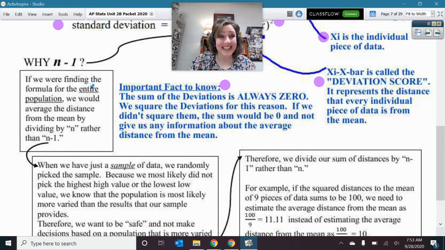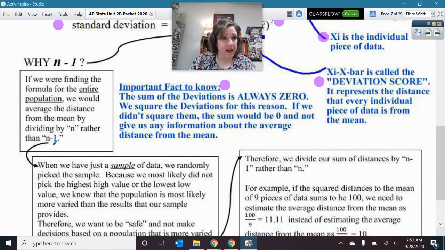If we had the entire population's data, we would divide by n, okay? But I'm estimating the height of all of the maybe seniors in Aledo High School, or the variability. I'm estimating the variability of all of the students in Aledo High School, and maybe I clustered by my class. So it's a sample.